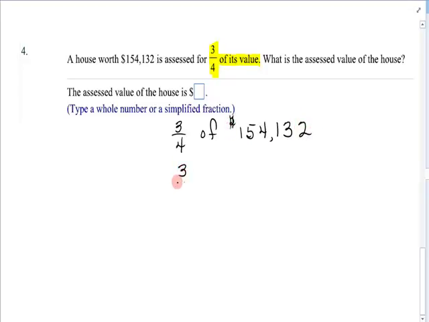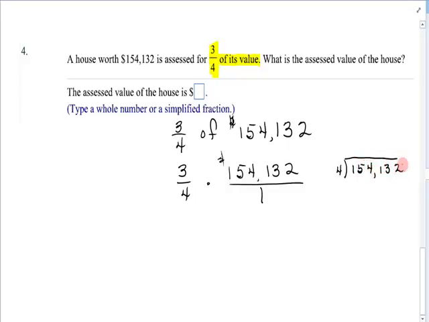So that means it is 3/4 times 154,132, and I'll put it over 1. Yes, it's in dollars. I'll go ahead and sneak that back in. I am hopeful, but not sure, that 4 will go into that evenly. So I have to see, will 4 go into 154,132? And if it will, how many times?